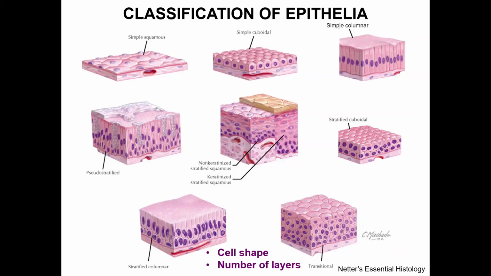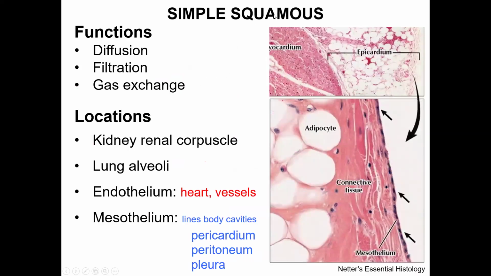When it fills in, the cells become stretched, and they also change shape from being dome-like cells, cuboidal cells. They may become even squamous cells in the filled bladder. Now let's take a look at each of these, and say a few words about each of these epithelia.